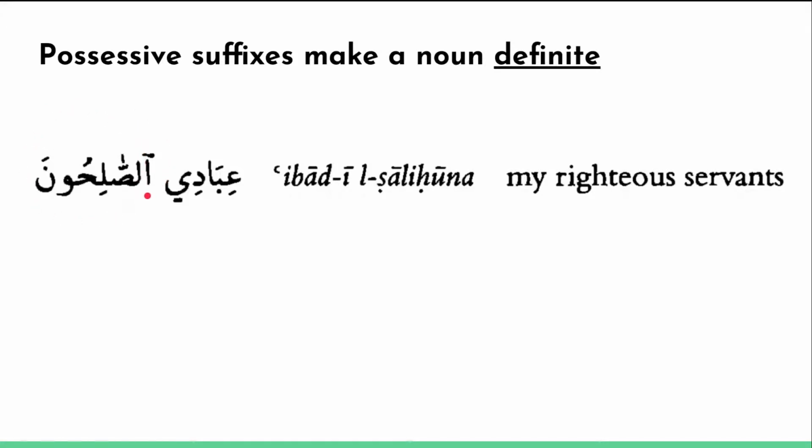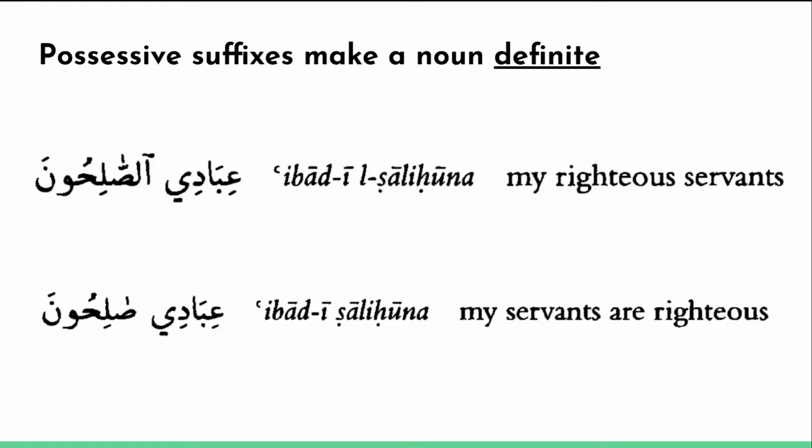That's why you see the al at the beginning of as-salihuna. Ibadi as-salihuna, my righteous servants. So to recap, ibadi is definite, even though it doesn't start with al, just because it ends with a possessive suffix. And that makes it definite.